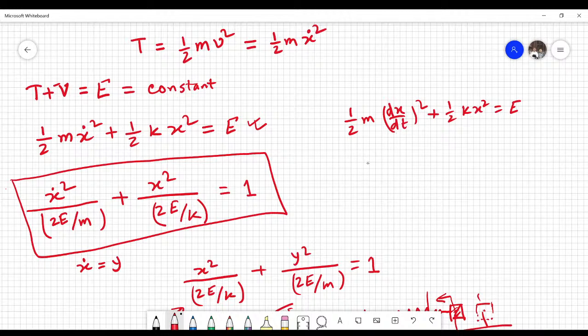That's what you are going to do. So you just write things a little bit differently. Write this way: half m (dx over dt) whole squared equals E minus half k x squared.